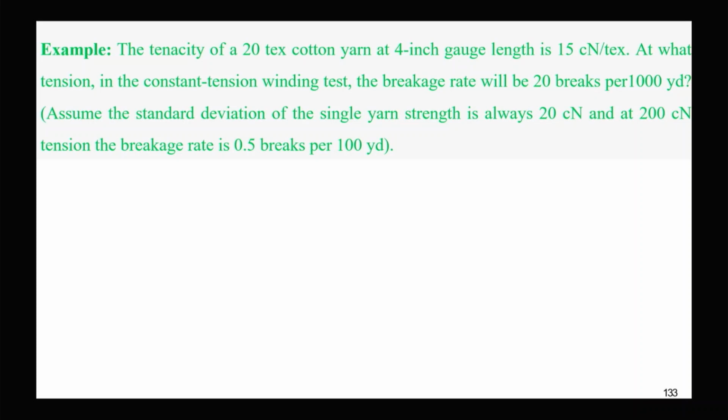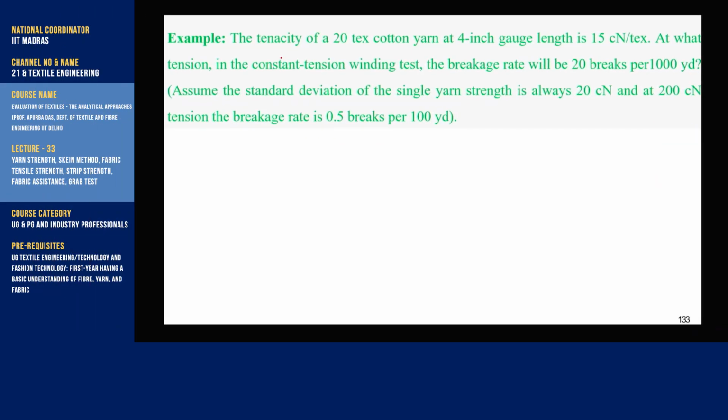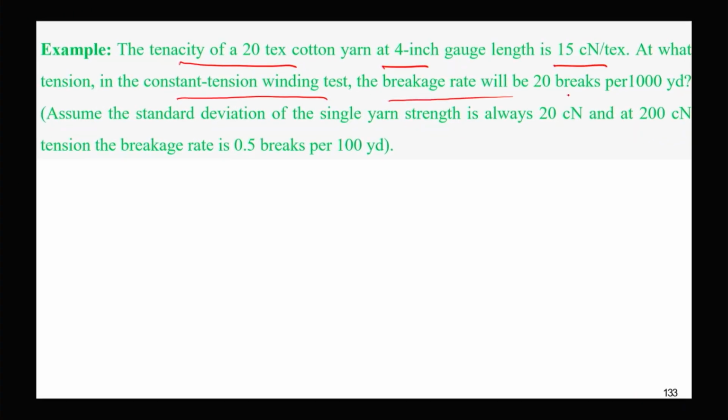Next numerical is again a similar numerical. Here tenacity is given, 20 tex yarn, 15 cN per tex with a gauge length of 4 inch. So at which tension in the constant tension winding test will the breakage rate be 20 breaks per 1000 yards? Okay.